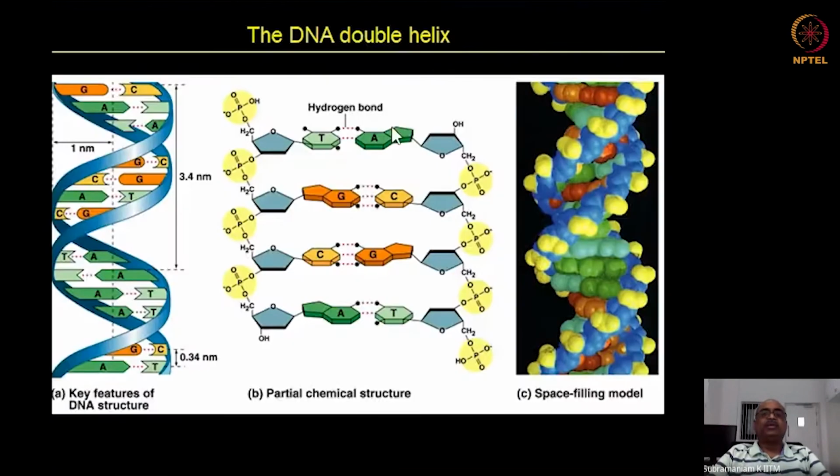And these hydrogen bonds individually are weak, but together in a long chain they are of significant force to hold two polynucleotide chains together as double-stranded structures.